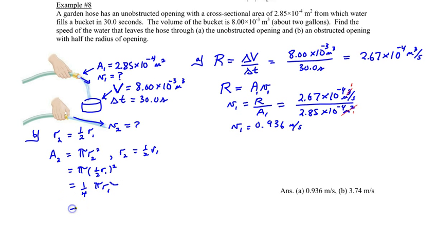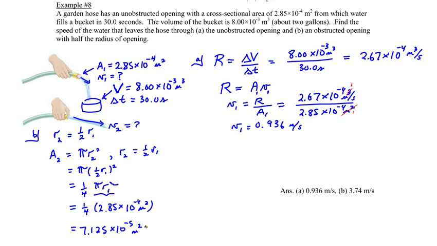So area 2 is 1/4 of the original area 1, which is 2.85 × 10^-4 meters squared. That gives you a new area of 7.125 × 10^-5 meters squared.